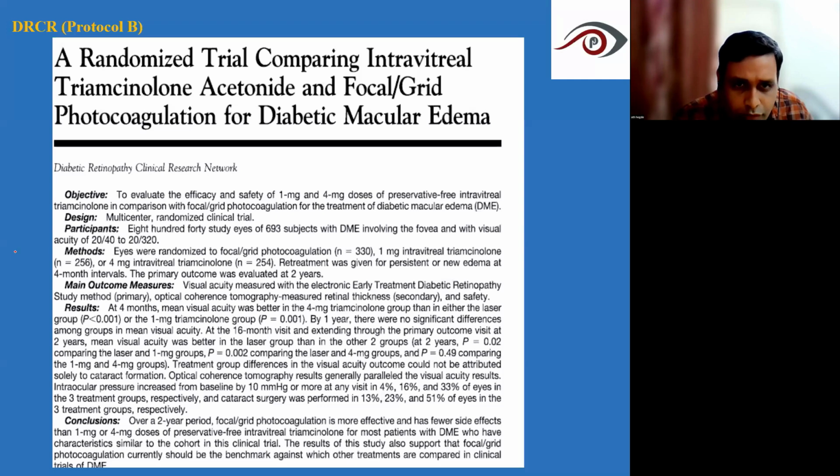So they were randomized to focal photocoagulation, 1 milligram intravitreal triamcinolone or 4 milligram intravitreal triamcinolone. And when the outcome was seen after 2 years, they saw focal grid laser was more effective and had lesser side effects compared to the triamcinolone. The most important side effects of triamcinolone are the progression of the cataract and the increase in the glaucoma. And these two decreased the vision compared to the grid laser.